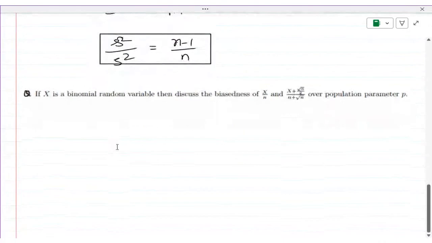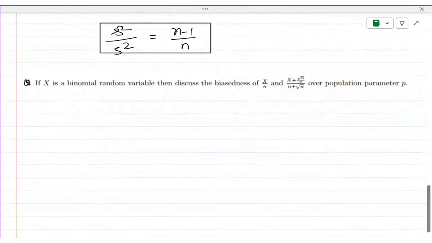You should try this exercise. Second exercise is this one that I'm going to put here.